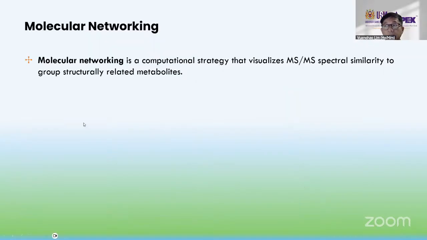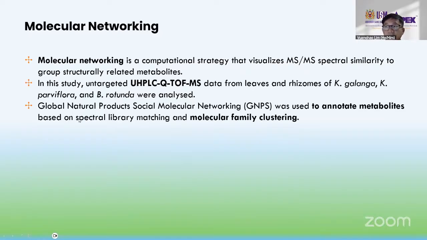So molecular networking is a computational strategy that visualizes the MS-MS spectral similarity to group structurally related metabolites. So at this stage, identifying individual metabolites alone is no longer sufficient. So we therefore use the GNPS platform.